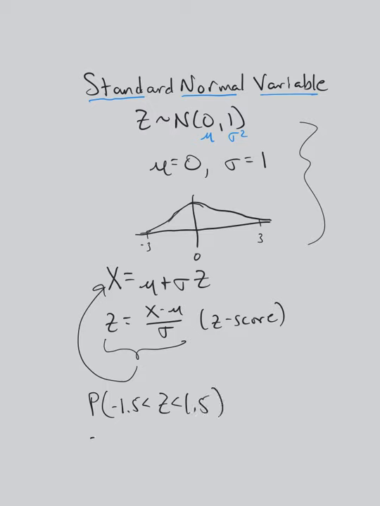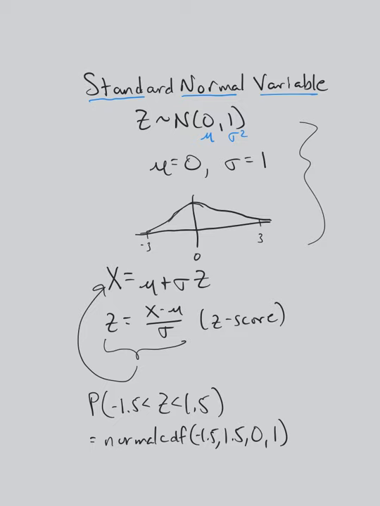Like that. And so for your normal CDF, you would just type in normal CDF, and your lower bound is negative 1.5, your upper bound is 1.5, your mean is 0, and your standard deviation is 1. You would type that in and get the answer. I'm going to save us some time, but that's the way you handle that.